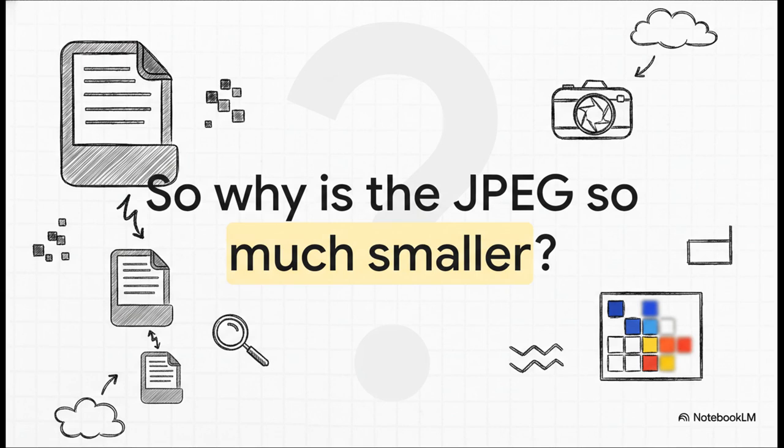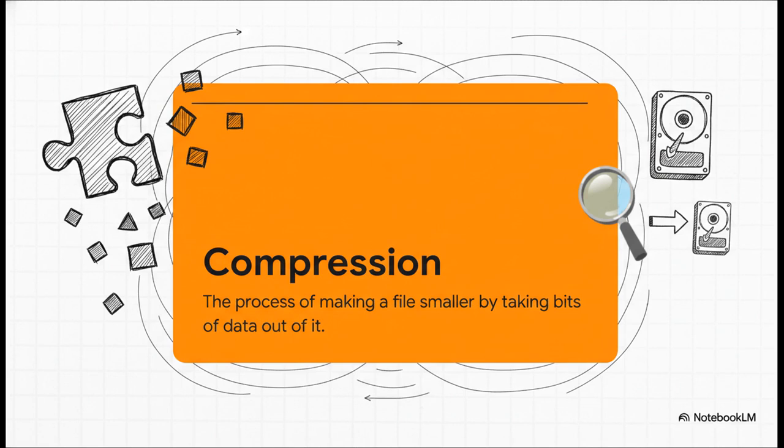Right, so this brings up a pretty obvious question. How on earth is that even possible? What kind of black magic is happening to make a file shrink that much when you save it as a JPEG? Well, the answer comes down to one word: compression. When you compress an image to make a JPEG, the software is literally removing bits of data from the file. It intelligently throws away information it thinks your eyes won't really notice.